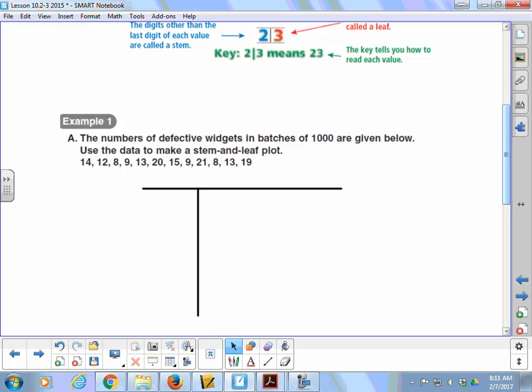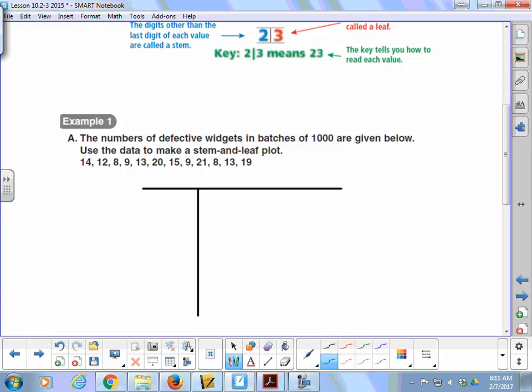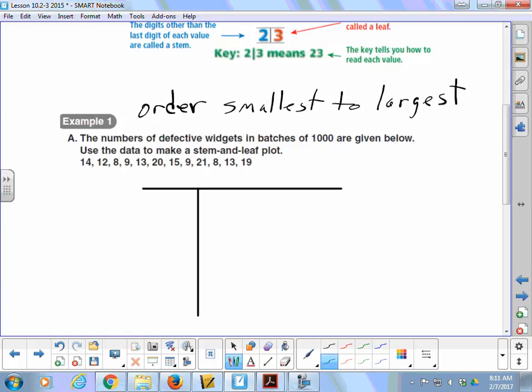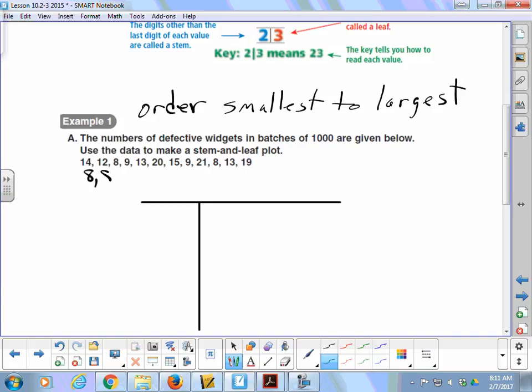Okay. First thing to do then is going to be to order them from least to greatest. So always smallest to largest. So we'll do that first. Okay, so let's see, we've got 2 8s and 2 9s.